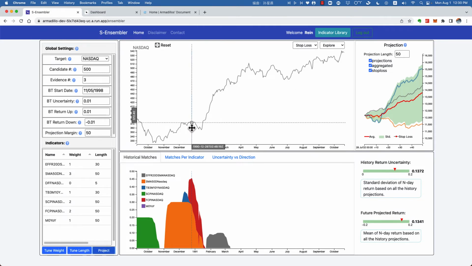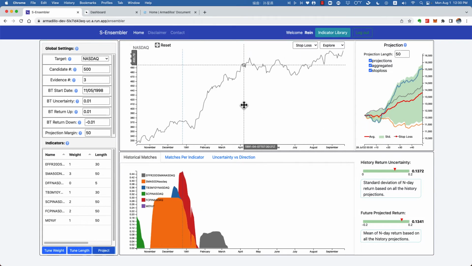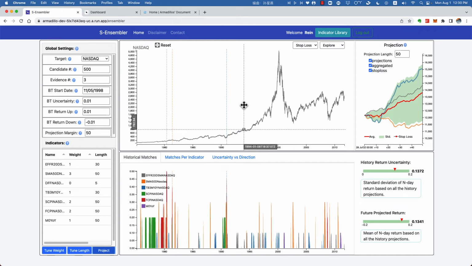So that means we may still have a downtrend of Nasdaq in around 10 or 20 days in the future. And after we consider everything, especially this historical matching location, which is here, there will be an uptrend later on. And whether it will be verified, let's see.